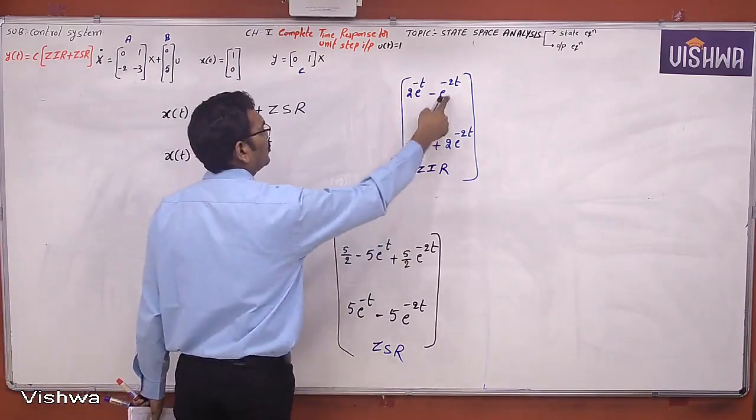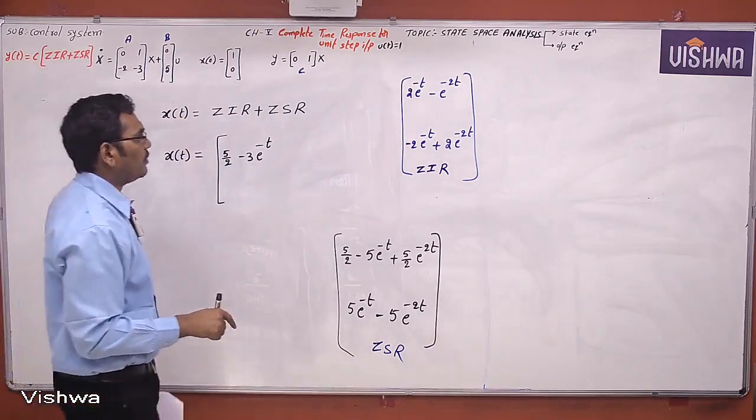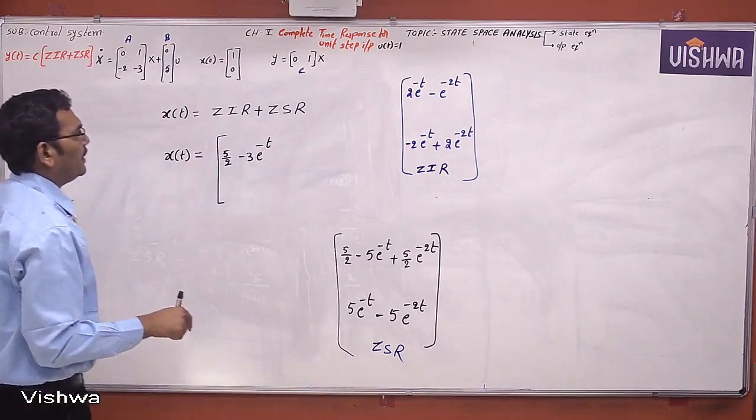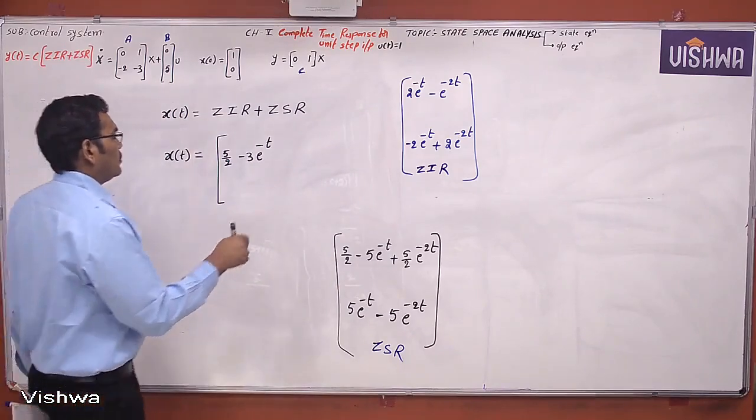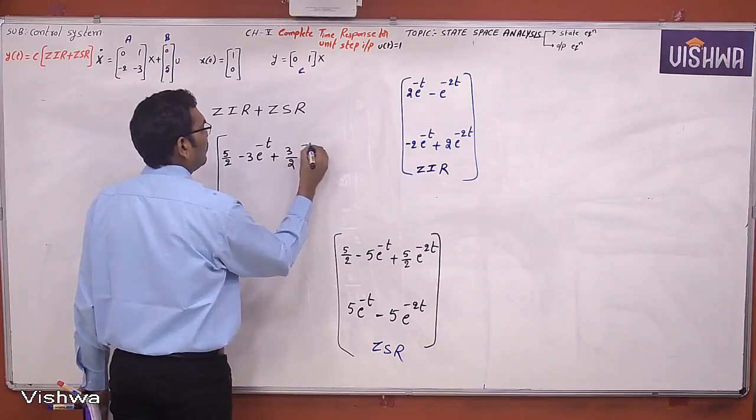Therefore, 5 by 2 minus 3 into e power minus t. Now e power minus 2t, therefore 5 by 2 minus 1, so plus 3 by 2 e power minus 2t.